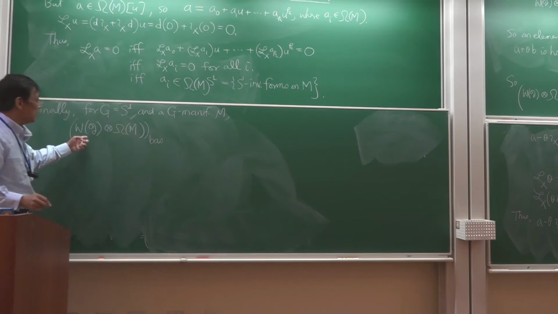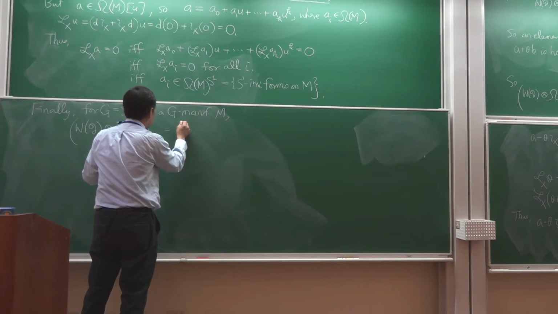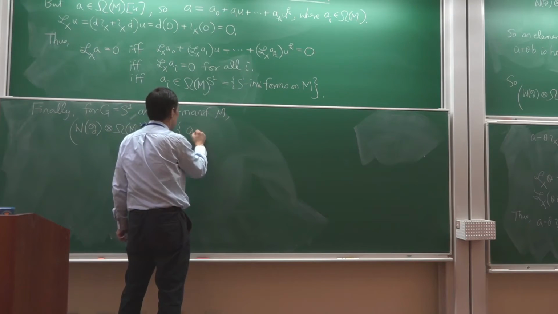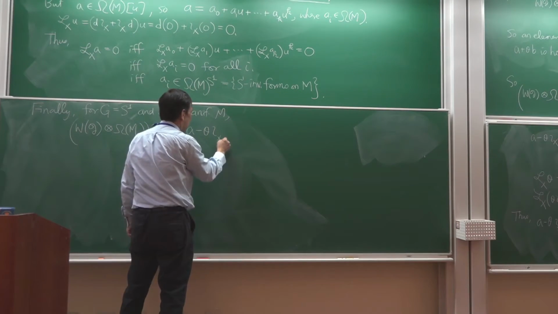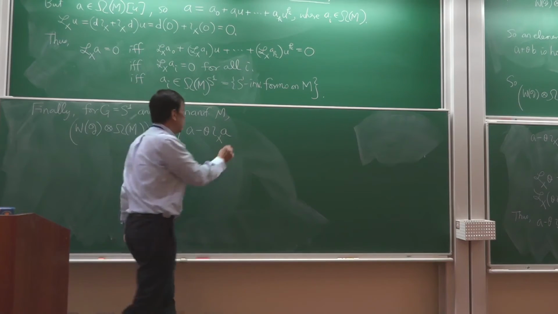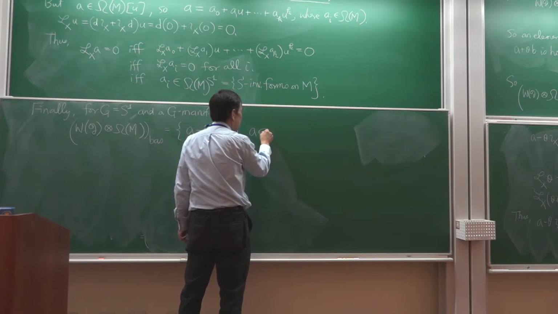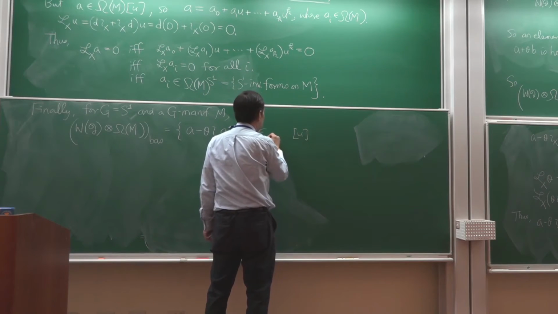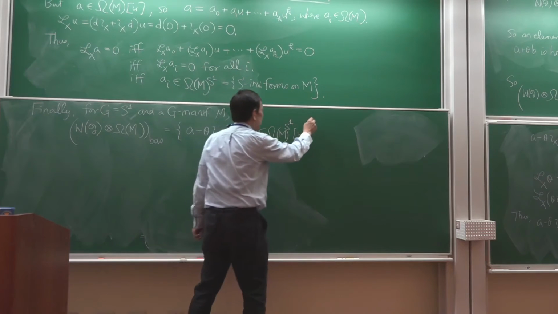The basic elements of W_G tensor with omega M look like this. It looks like A minus theta I_X A, such that A is a polynomial in U with coefficients in the S1 invariant forms. Okay?